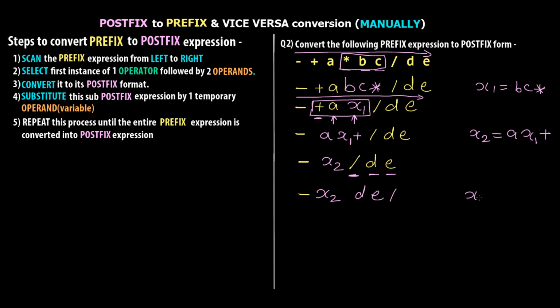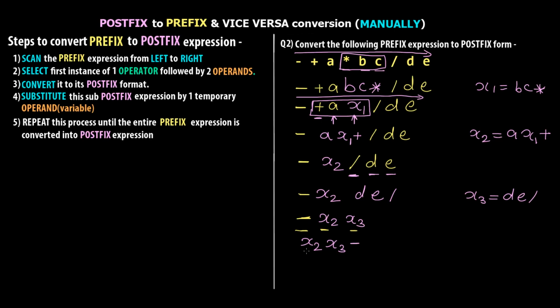We'll say x3 equals DE divide by. So we are left with minus x2 x3. So in the last step, obviously we have to take this minus sign, which is one operator, then we have operand 1 and operand 2. So again converting this to its postfix format, we get x2, x3 and minus.